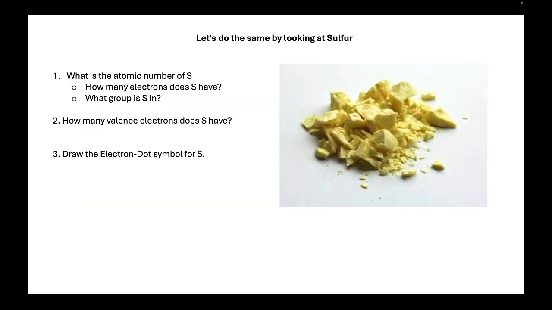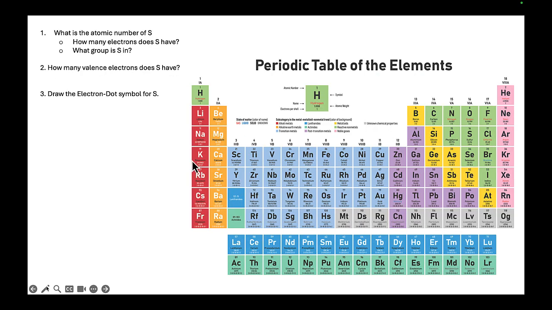Let's do the same by looking at the element sulfur. So if we ask ourselves these same questions, so atomic number, electrons, group, etc., let's find sulfur on the periodic table. So sulfur is right here. It's number 16 on the periodic table. It's in group 6A.